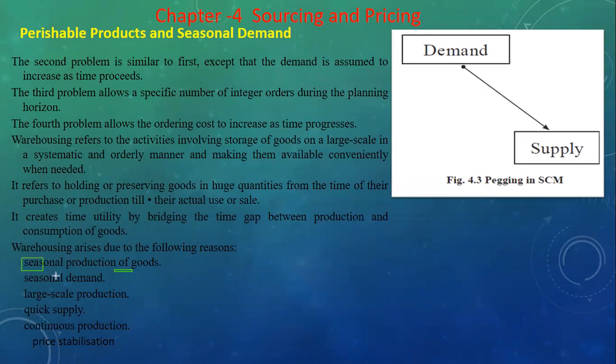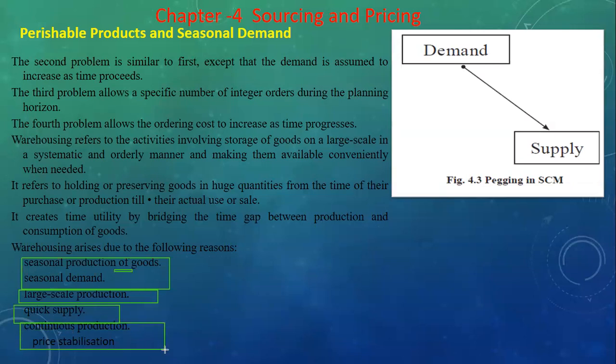Now, large scale production: if production is on a large scale, we need a storage process because we cannot hold large quantities of production without warehousing. Quick supply: if you receive a quick order, then you need to supply it, so for that warehousing is very important.